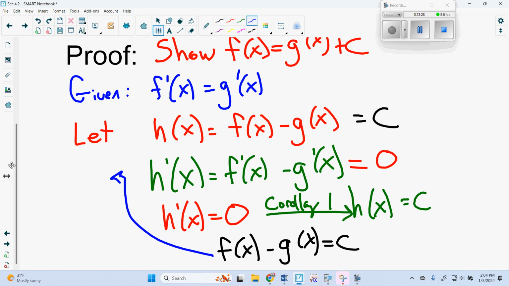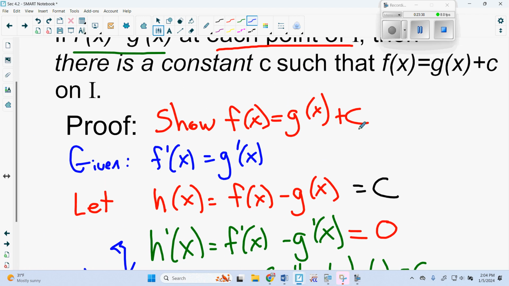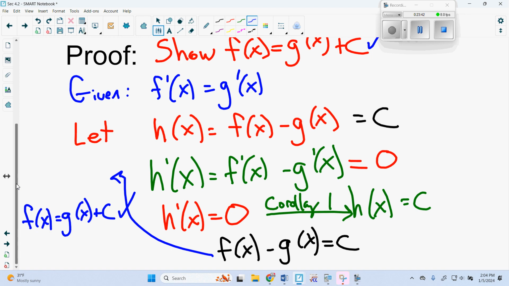So therefore, we know f of x equals g of x plus c. We have just proved what we were trying to show by using our corollaries.